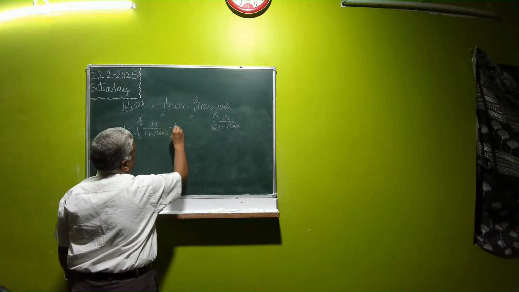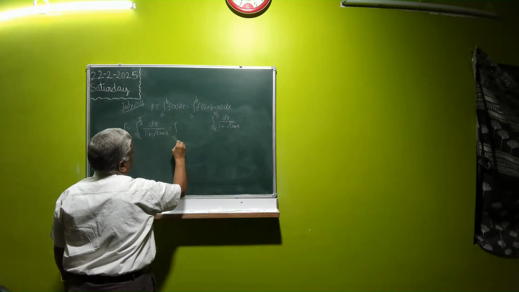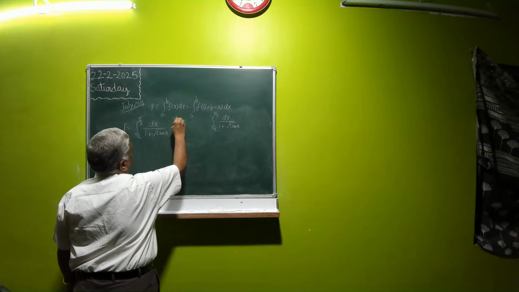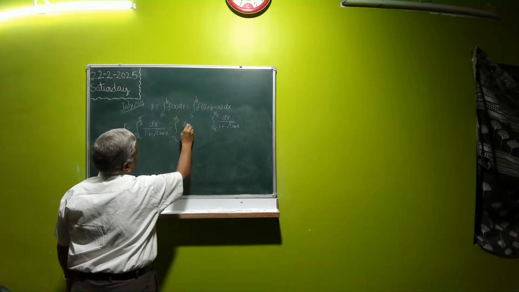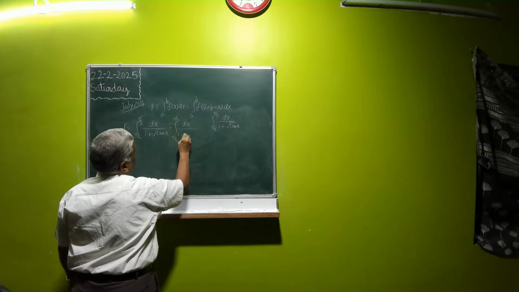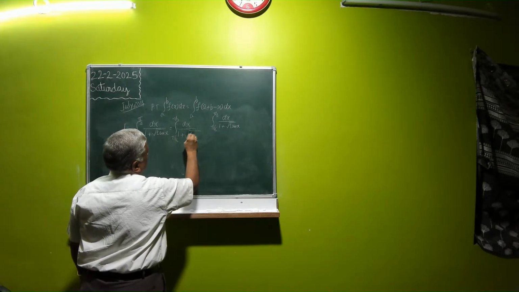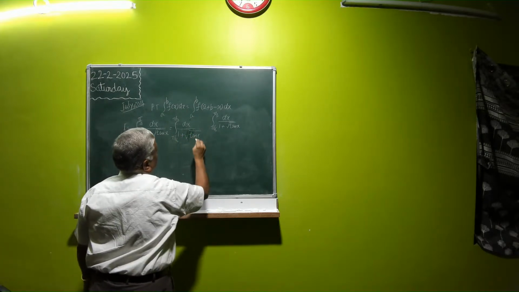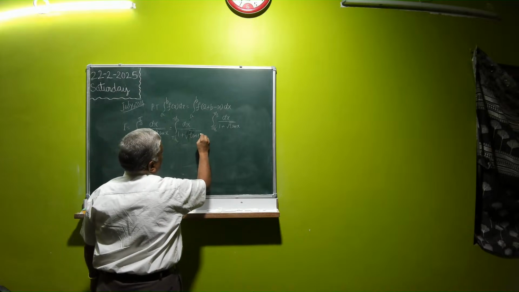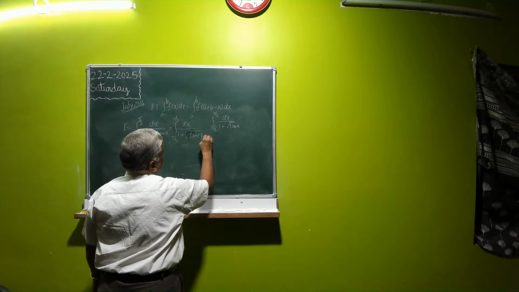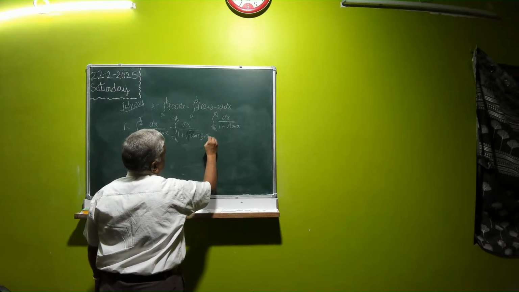We can write this as the integral from pi by 6 to pi by 3 of dx over 1 plus root of tan of (a plus b minus x). a is pi by 3, b is pi by 6.